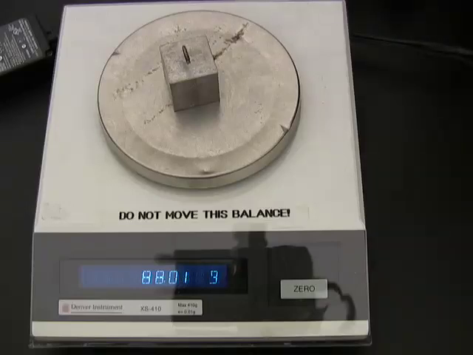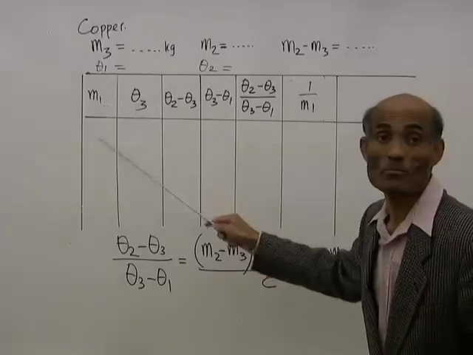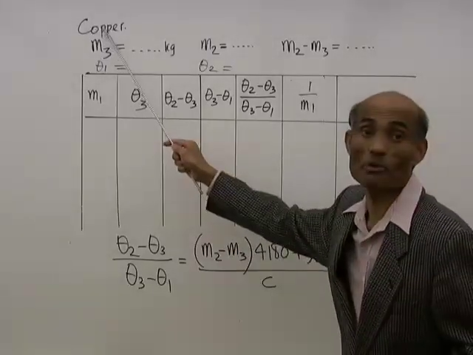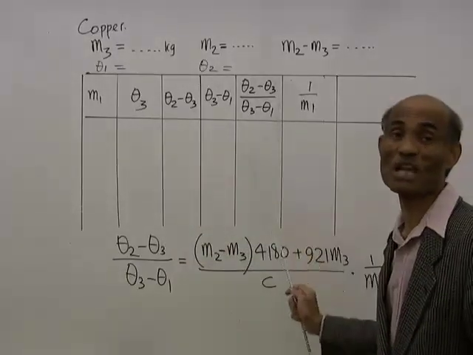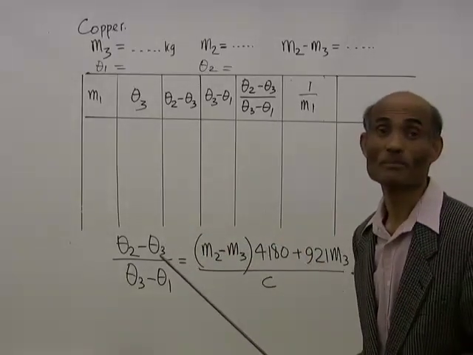So you have the mass M1 for 5 samples each for copper and aluminum. So you have the M1 values for copper and also for aluminum. So you can now start making the table for aluminum.